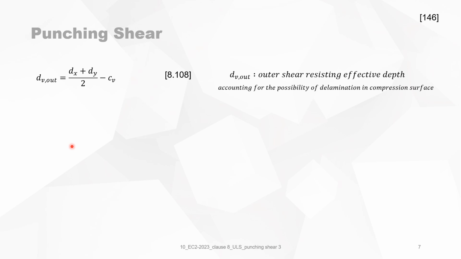dv,out is a new concept, and dv,out is in fact the outer shear resistance effective depth, and it's accounting for the possibility of delamination in compression surfaces. So that's why outside the first control perimeter, you need to have another effective depth, dv,out. And dv,out is defined as (dx plus dy) divided by 2 minus cv.